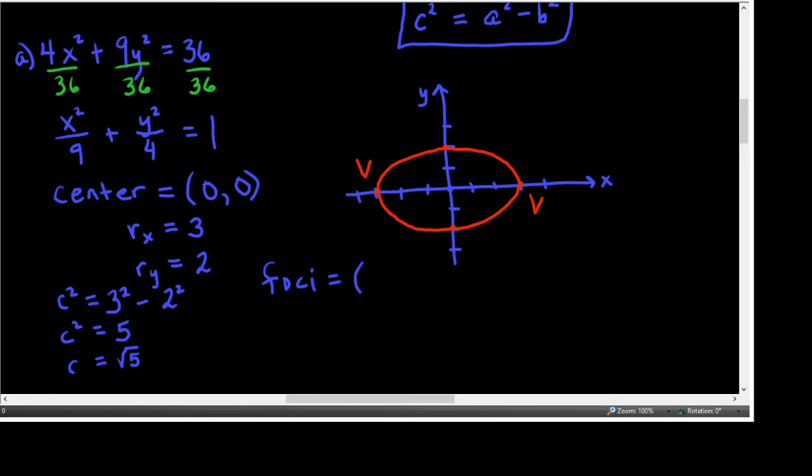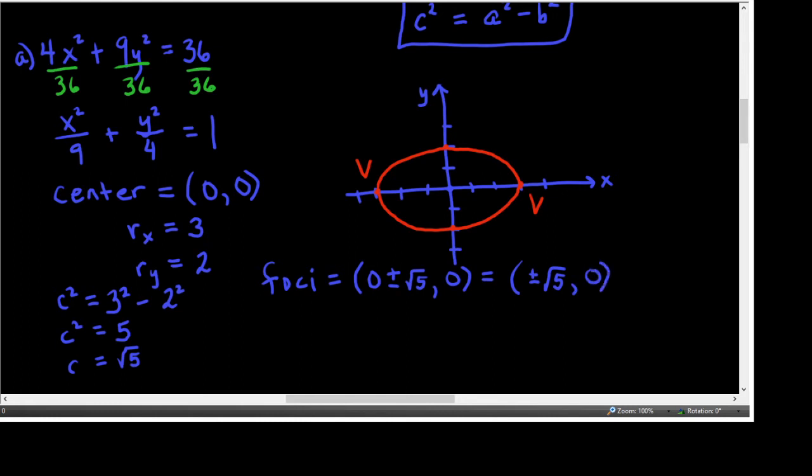So you're going to start out at 0, 0, and to the x coordinate add square root of 5 to move to the right of 0, square root of 5, and then from 0 subtract square root of 5 to move left square root of 5 from 0. And of course the y coordinate won't change. And so that would simplify to be plus or minus the square root of 5, comma 0.